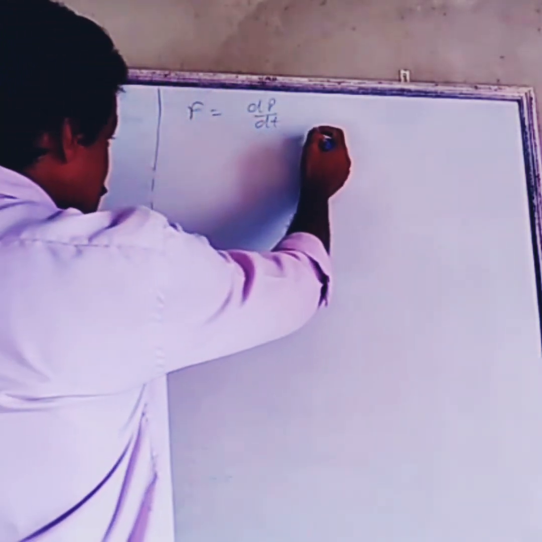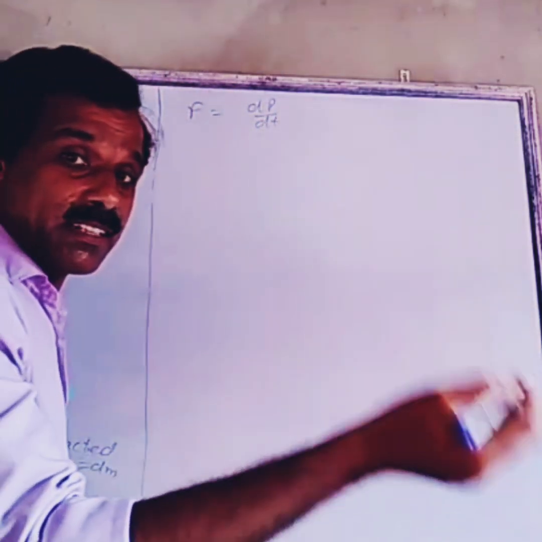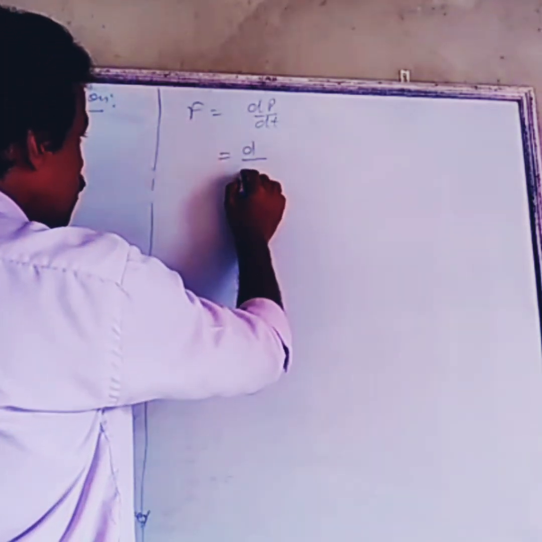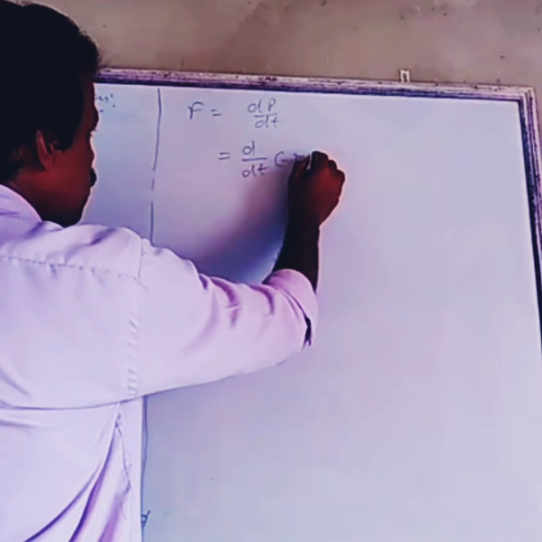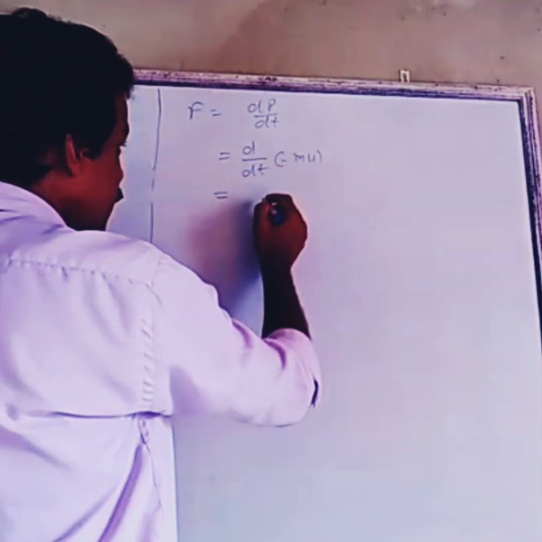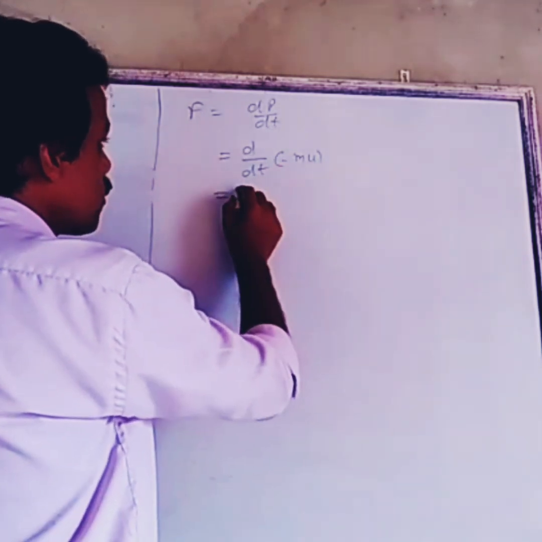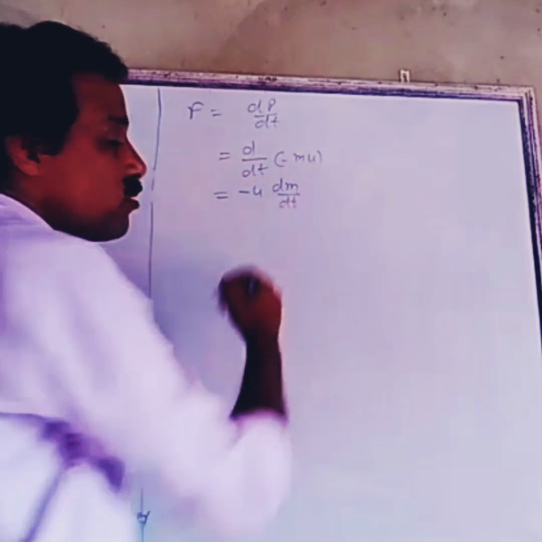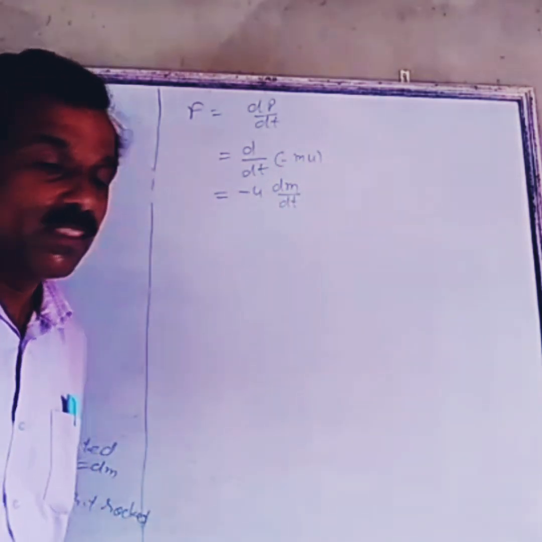One for the gases, because the velocity of the gas is u, which is opposite to the rocket, so it can be written as d over dt of minus u dm. Minus why? Due to the opposite direction. Here u is constant and m is the variable. The mass of the gases, the fuel, is continuously changing, so dm over dt.